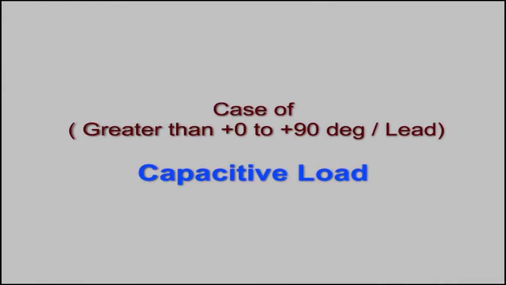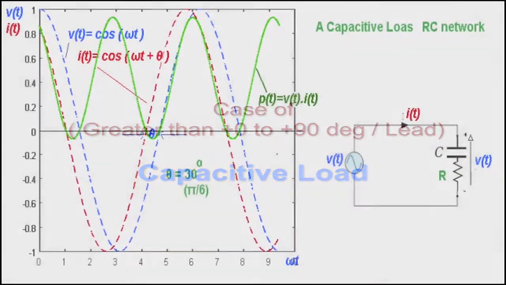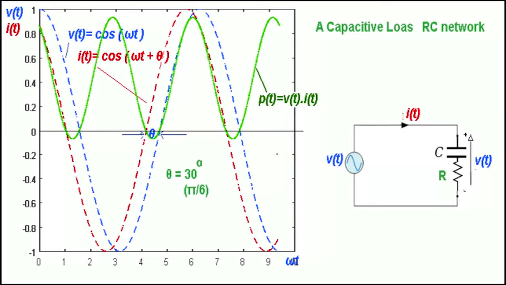For the capacitive load case, for example, a capacitor and resistor, in this case, the angle theta is positive or leading. We will see now the impact of this leading angle.